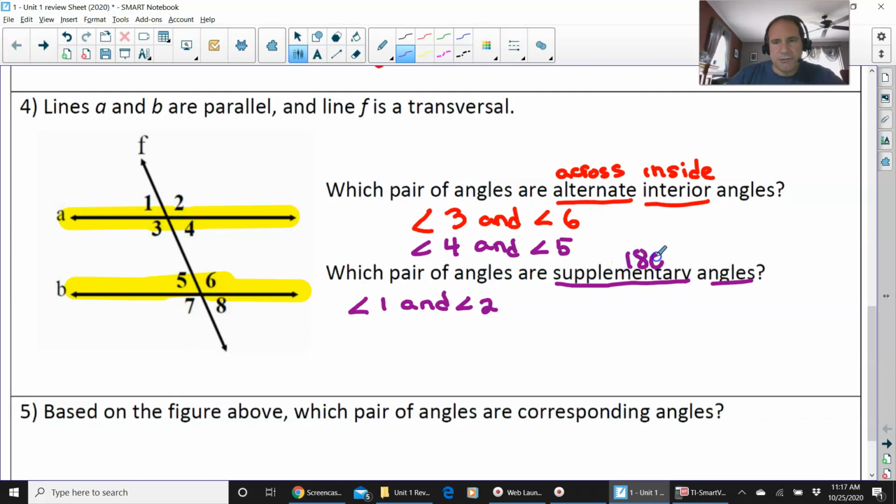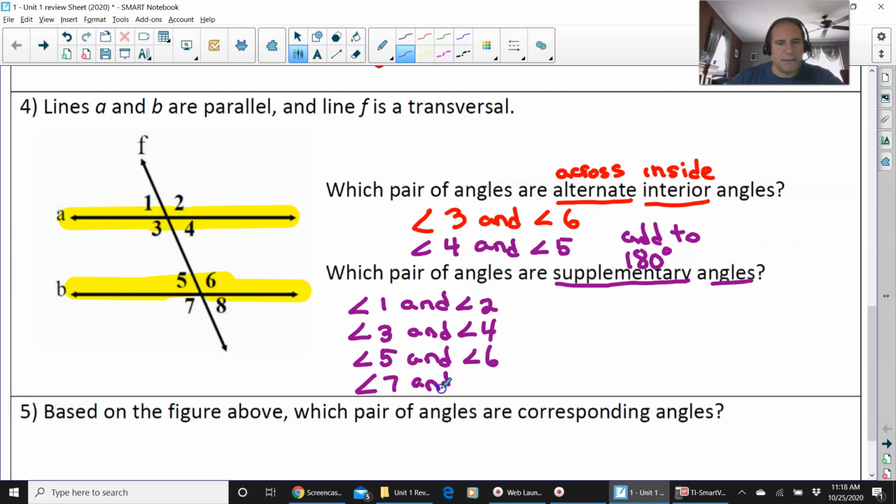They add to 180 degrees. Angle 3 and angle 4, straight lines. Angle 5 and angle 6. Angle 7 and angle 8.